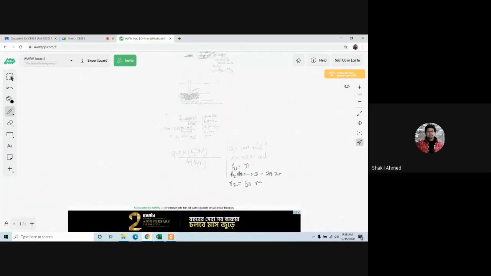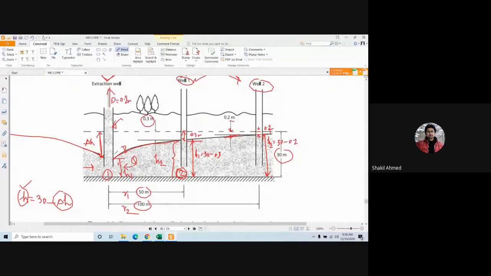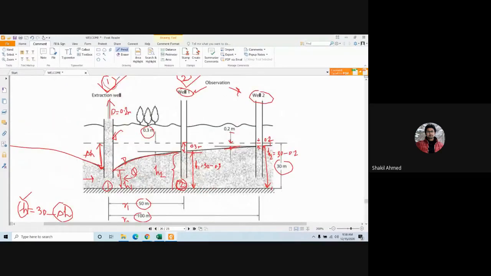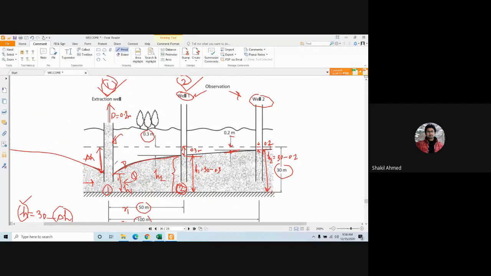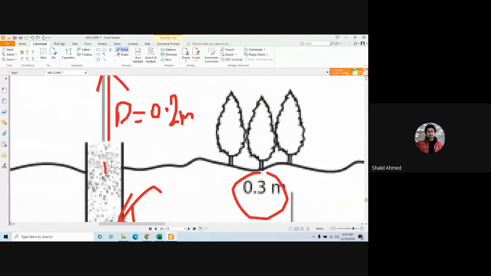Now the question is, what is R1? Remember, R1 is the closest one. The closest one was this one, right? Yes, sir. R1 will be for this well, from the center of this well. Now this is R1, basically the radius of this well.